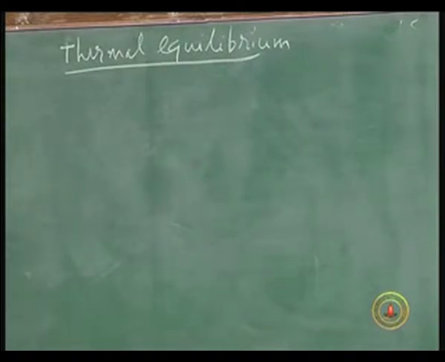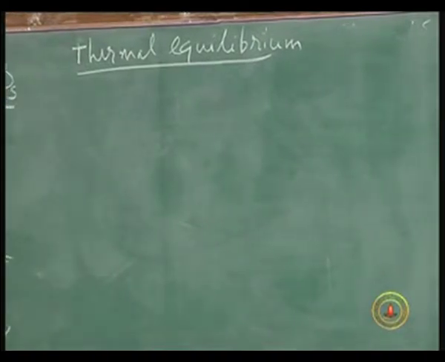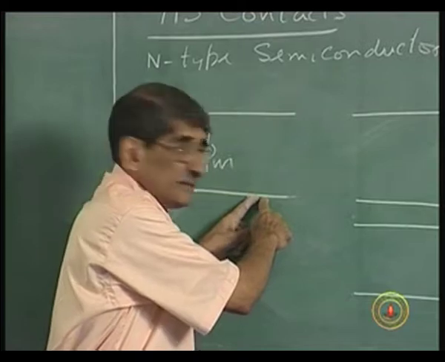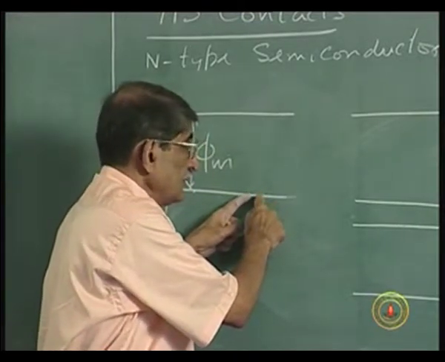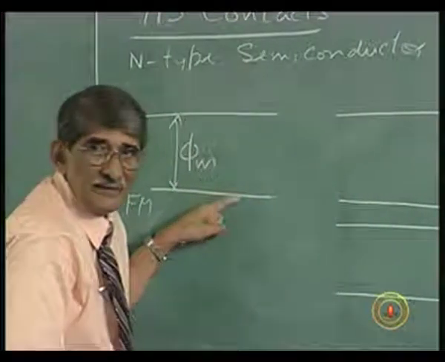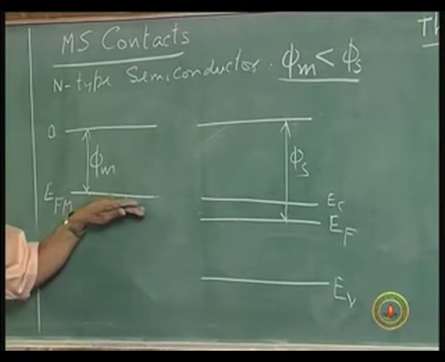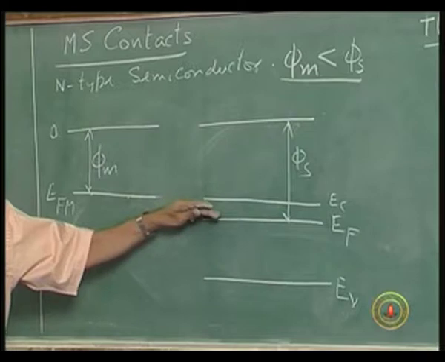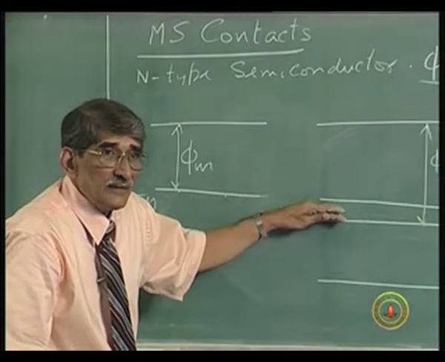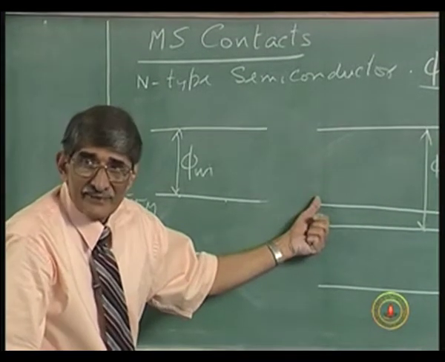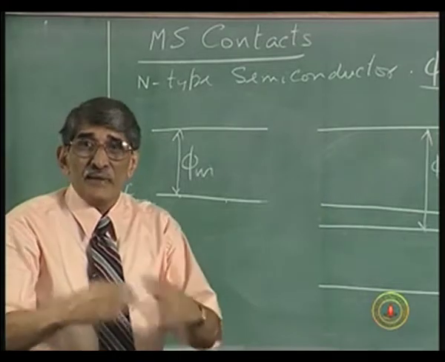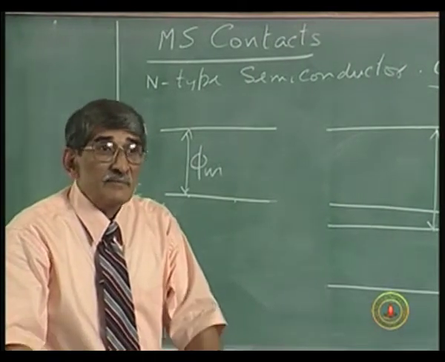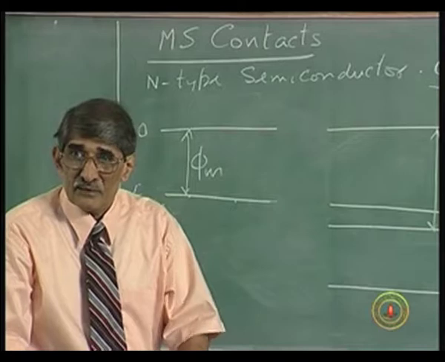Thermal equilibrium situation will be, you will have electron transfer from here to here, Fermi level is above. The electron transfer from here to here means you are charging this portion negatively. Okay? It will become more n type near surface, and if it becomes more n type, it becomes difficult to transport these electrons into that portion.